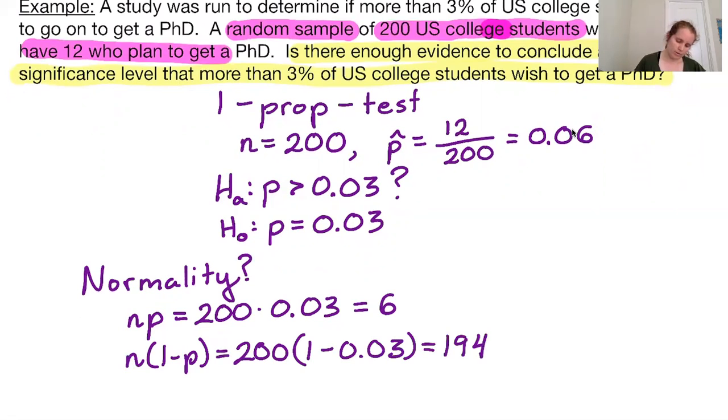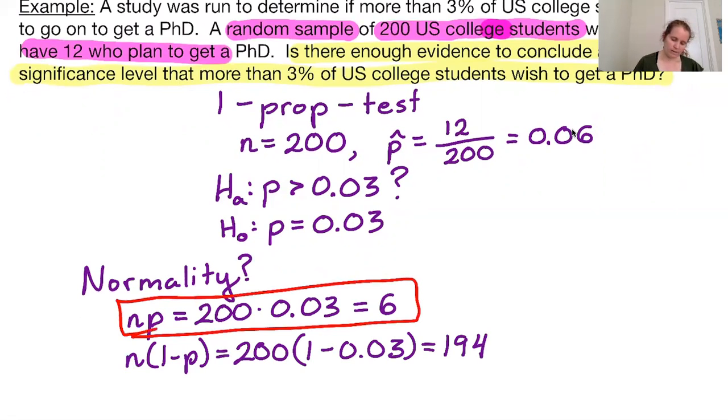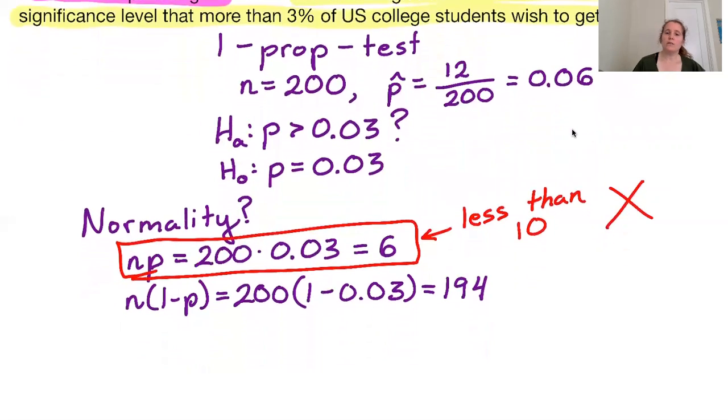So this first one is smaller than 10, it's less than 10. And so our condition fails. So we do not meet the conditions for normality of the p hat distribution, so we should not run our hypothesis test.